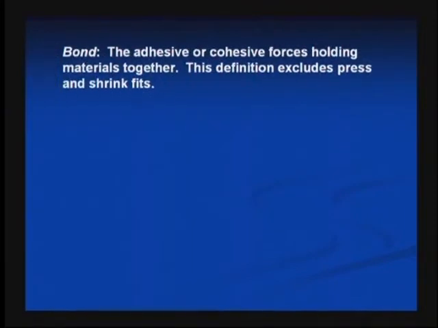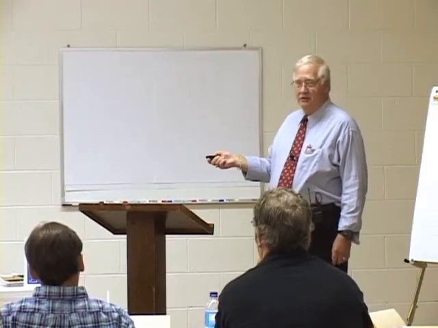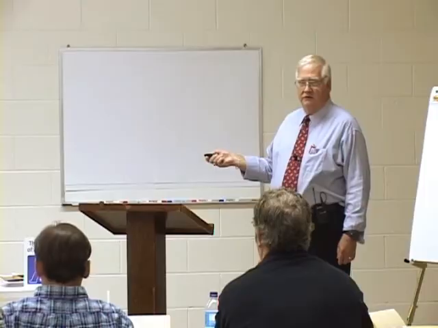One of the most commonly used definitions, it's in almost all standards, is the adhesive or cohesive forces holding materials together. And again, this definition excludes press and shrink fits. That's a mechanical type of juncture. The adhesive obviously is pretty self-explanatory.